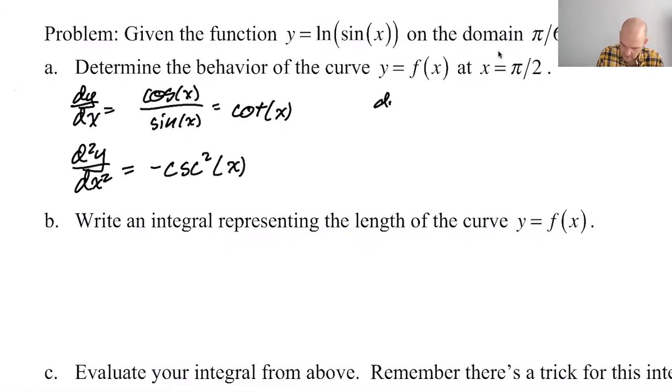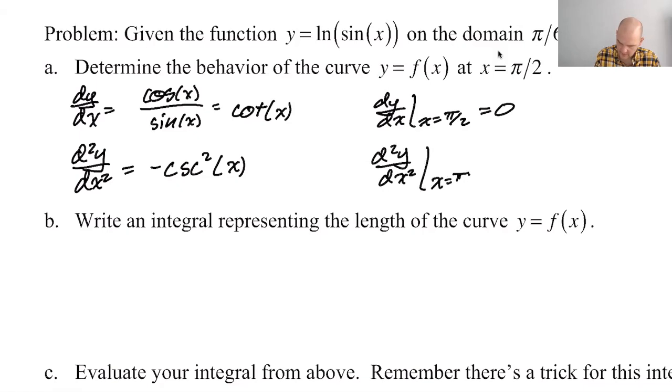Okay, so dy dx at x equals pi over 2 is 0, because the tangent is undefined, so the reciprocal of undefined is 0. And then the second derivative at x equals pi over 2 is going to be, the sine of pi over 2 is 1, so negative 1.